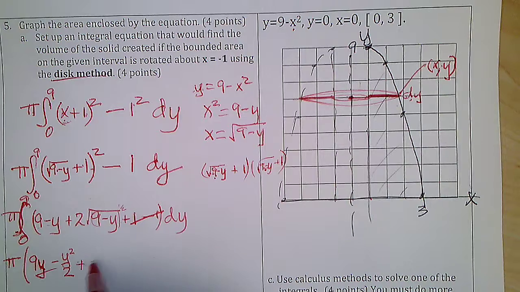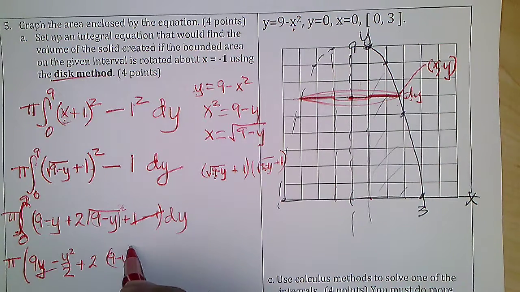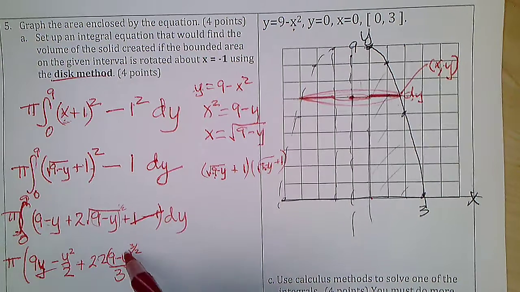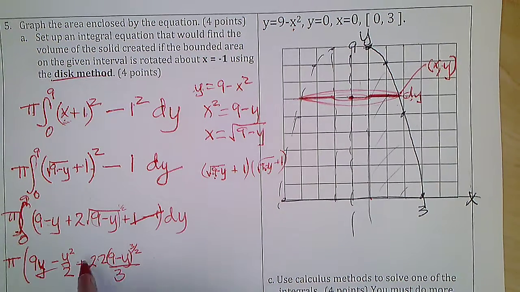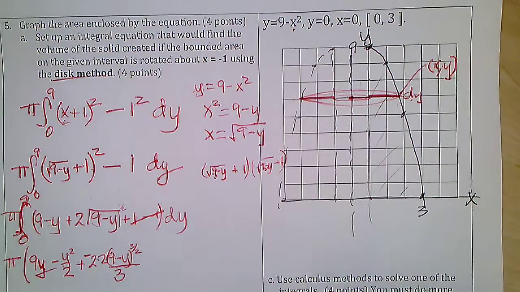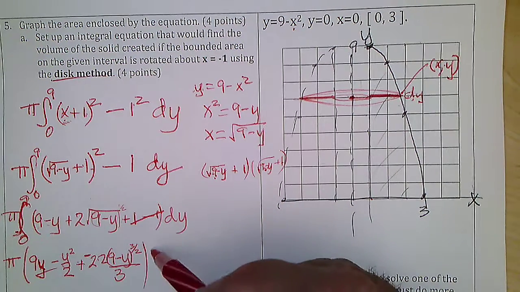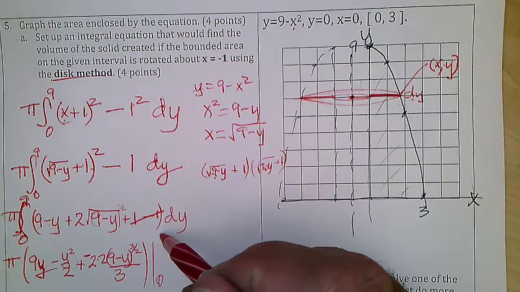So we'd have plus 2 times 9 minus y to the 3/2 divided by 3/2. But then inside has got a minus 1, so this is going to change this to a minus using the chain rule, evaluated from 0 to 9.